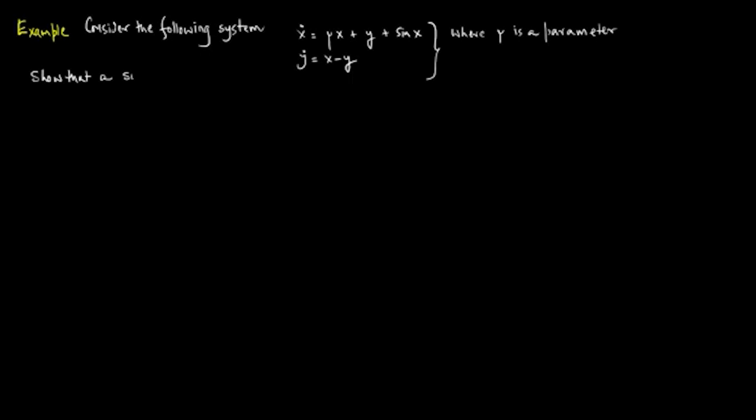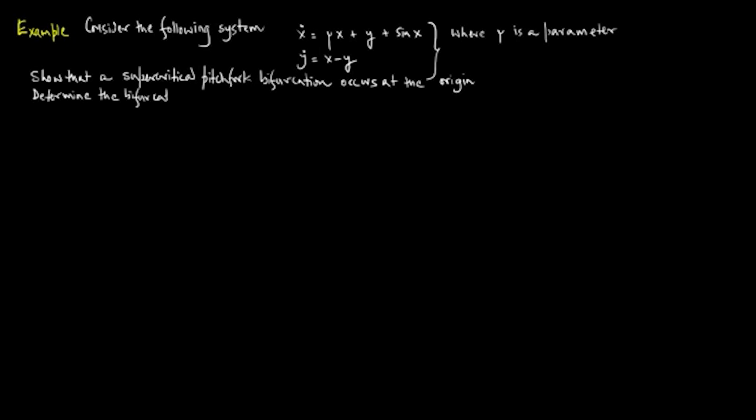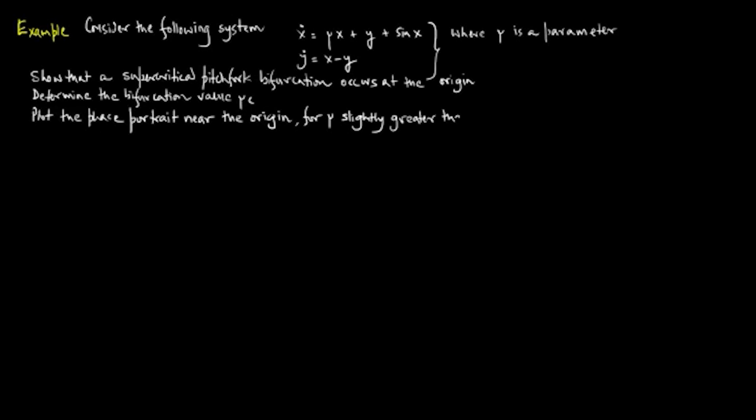Show that a supercritical pitchfork bifurcation occurs at the origin. Determine the bifurcation value mu critical and plot the phase portrait near the origin for mu slightly greater than mu critical.